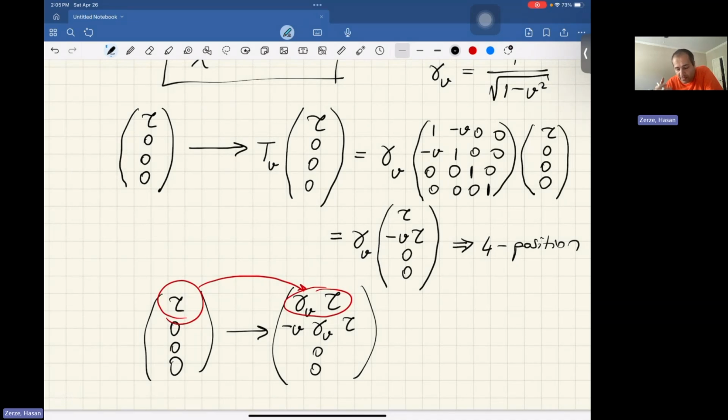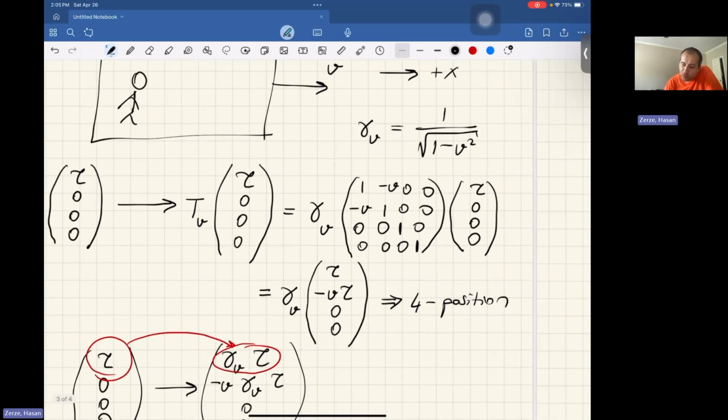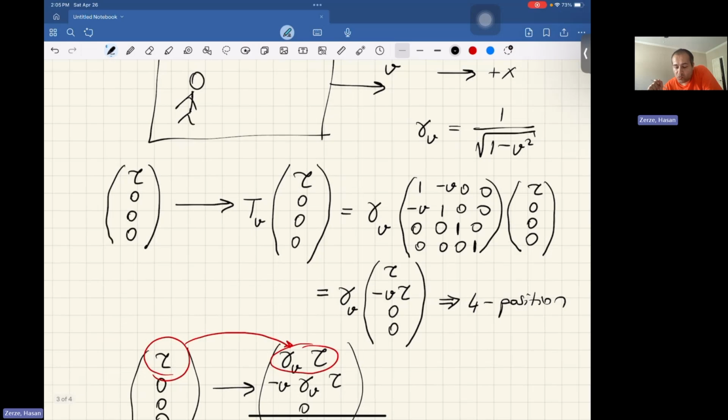There's a multiplication factor of gamma v. Since gamma v is 1 over the square root of 1 minus v squared, and v is always smaller than 1, which is the speed of light, gamma v is larger than 1, because the denominator becomes less than 1.